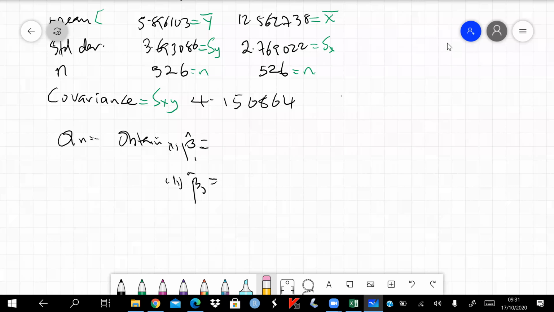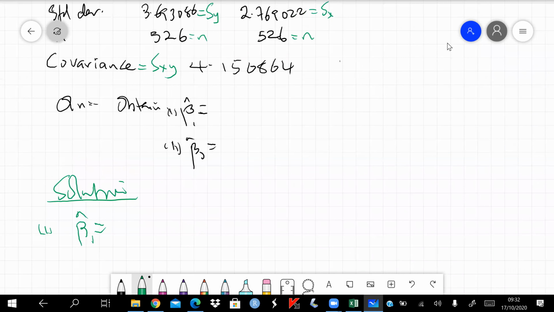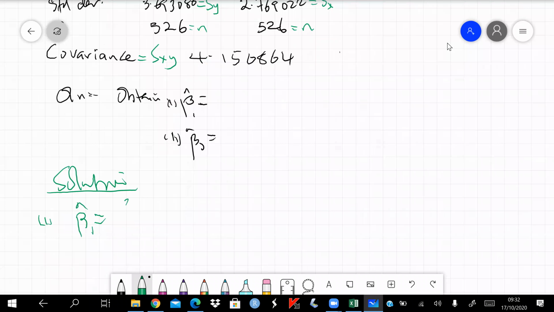So let's find the solution. We start by getting the value of beta 1. The beta 1 estimate is given by the covariance, which is S_XY, divided by S squared of X. Someone can unmute themselves and give us the values.